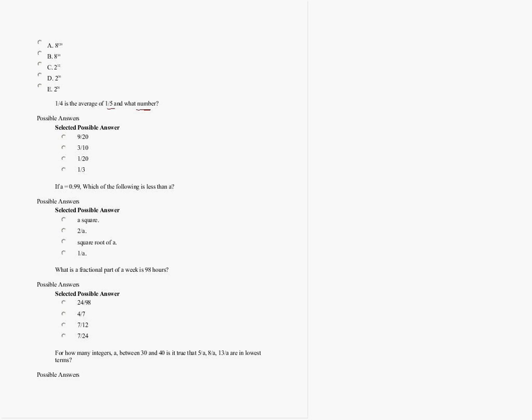So how many numbers are there actually? 2. I told you, average is just adding the numbers and dividing by the number of numbers. So if you take that number as x, you are dividing the sum by 2 and this should be equal to 1/4, right? That's what the question means.